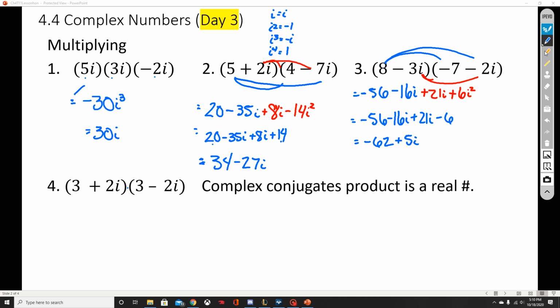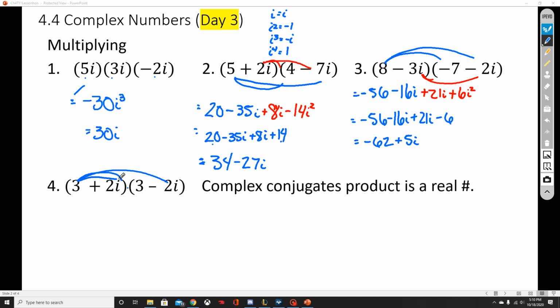It looks kind of like the difference of two squares, where this plus this and then this minus this. And the same thing happens with the difference of two squares, that the middle part disappears. It cancels itself out. And that's why these are going to end up being a real number, because the imaginary part is going to go away. So this is a complex conjugate, because when we multiply these, we will have a real number.